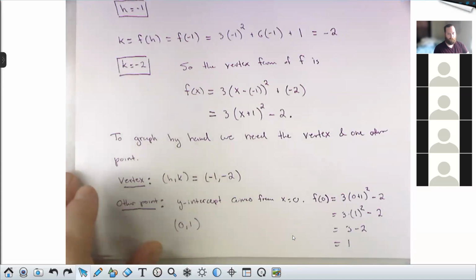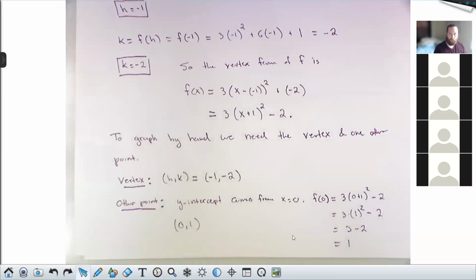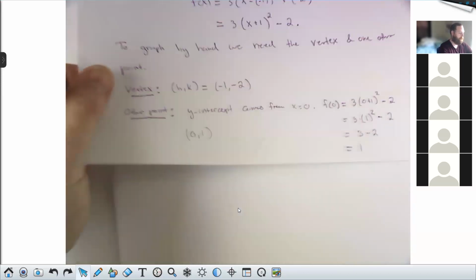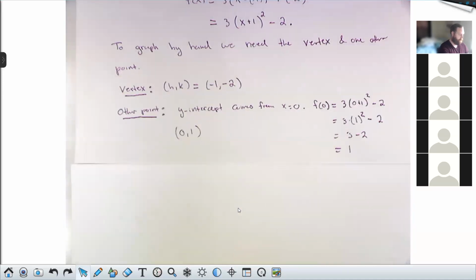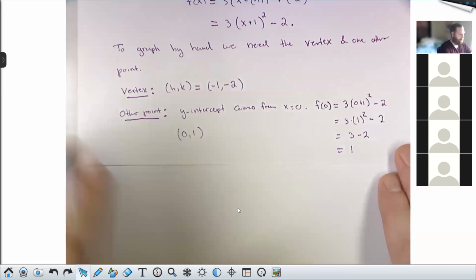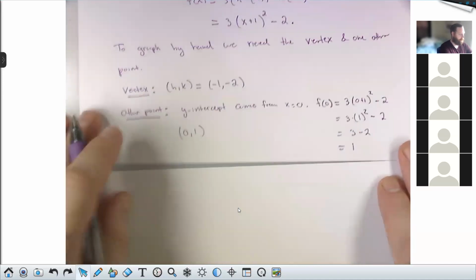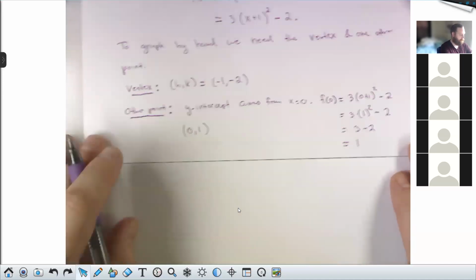So I put the thing in vertex form. I know the vertex. I have another point on the graph besides the vertex. That's everything I need to sketch a beautiful graph of this function. The vertex is at -1, -2, so I'm going to need some negative y values.